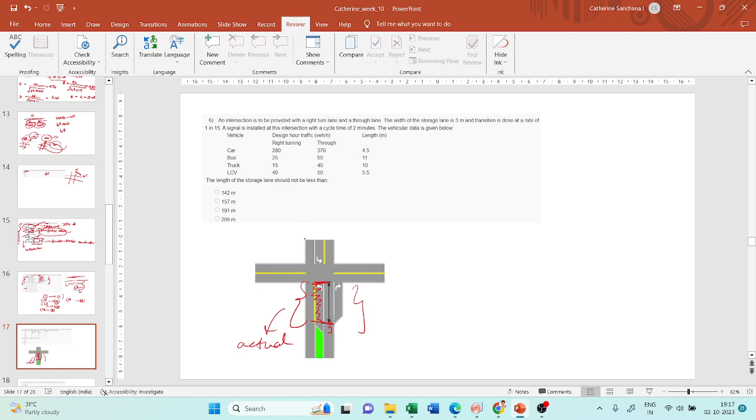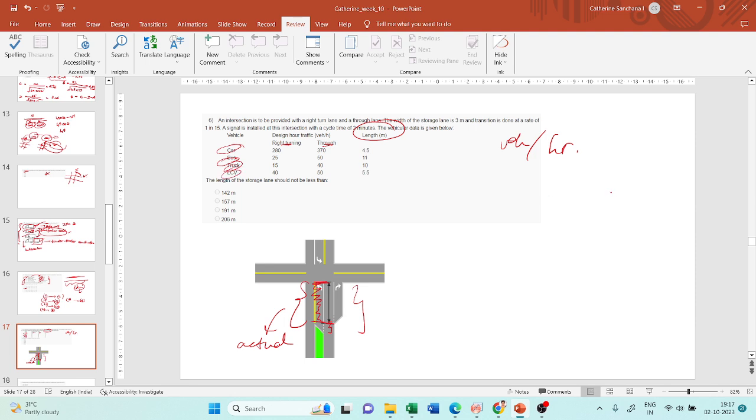So we will provide separate lanes only for right turning traffic. So for this problem they have given the traffic volume for right turning traffic and through traffic in vehicles per hour, and the length of each type of vehicle.